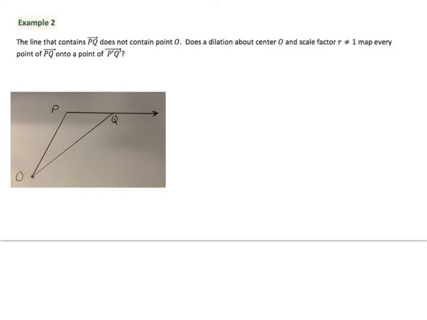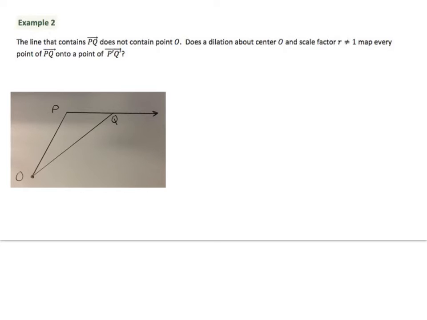Okay, example 2, I drew a picture. The line that contains ray PQ does not contain point O. Does a dilation D about a center O and a scale factor of r not equal to 1 map every point of ray PQ onto a point of ray P prime Q prime? This is a problem we're going to be seeing for the next 3 examples.